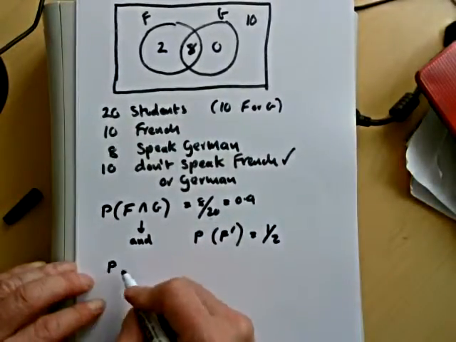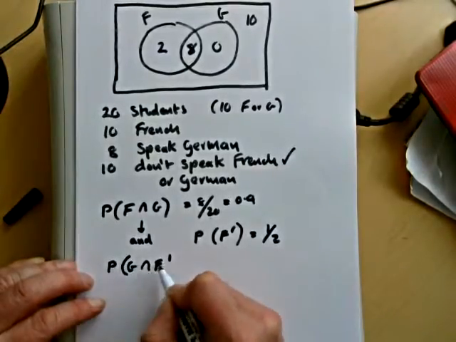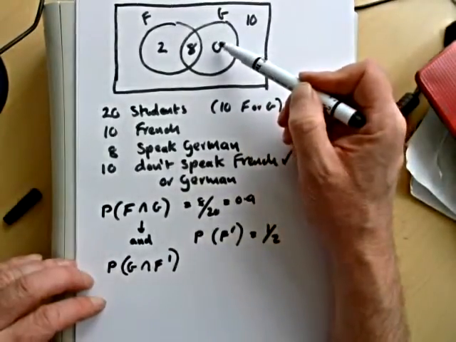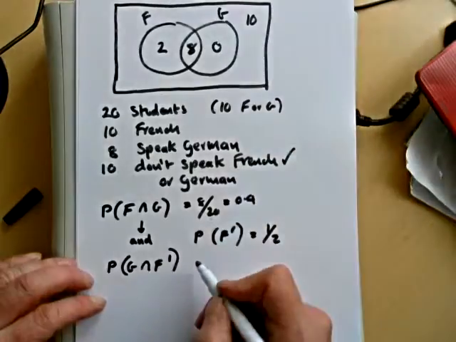What's the probability that you speak German and you don't speak French? The probability that you speak German and you don't speak French is indicated by the number here. That's German without French, and that would be 0.